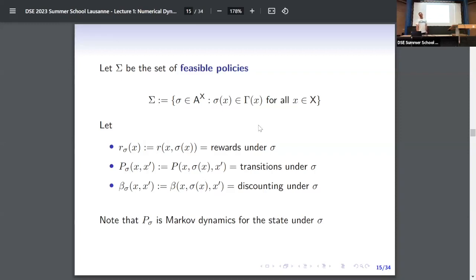So once we pick a feasible policy, that tells us what our action is going to be in every state. Once we know what our action is in every state, that pins down our rewards as a function of the state, our transition probabilities as a function of the state, and our discount factor as a function of the state.